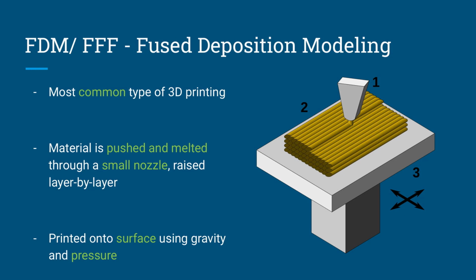That nozzle there is pushing out this thin layer of material. You can see there it's stacked one on top of another, laying on top of each other, the next layer. So this material is being laid down and melted, and it fuses to the layer beneath it. This creates a buildup of layers of material, of plastic, and that creates our 3D model. We'll get into that a little bit more later in this presentation.